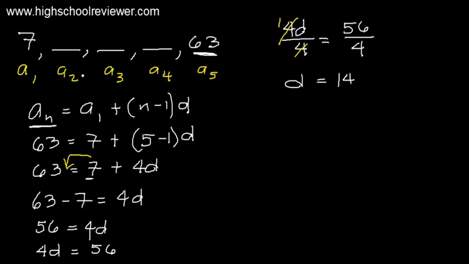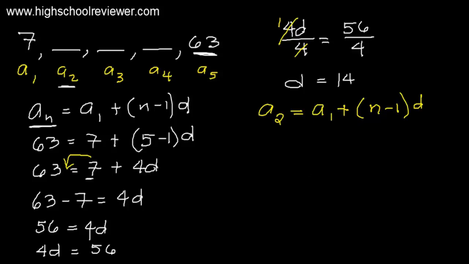Okay, let us now find the value of a sub 2. Our a sub 2 here will just be the sum of a sub 1 and d. How do we do that? We will use the same formula: a sub 2 equals a sub 1 plus n minus 1 multiplied by d.